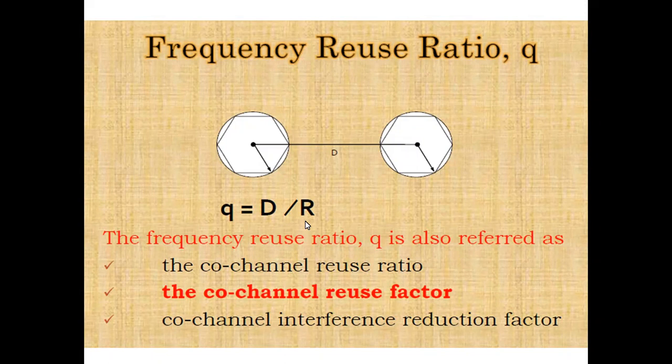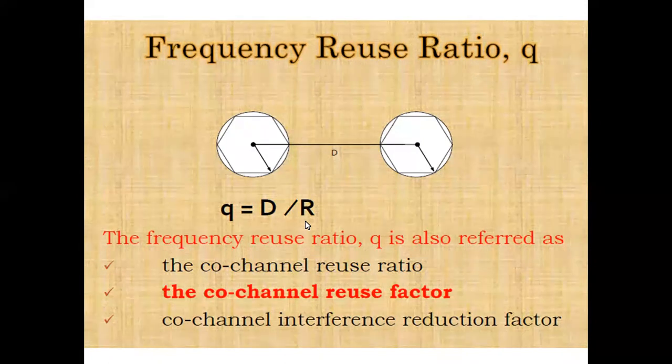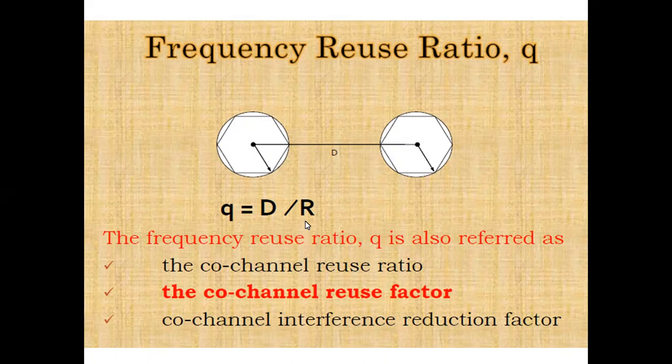That's why this is known as the co-channel reuse ratio. If I am using two cells in different cities, let us suppose one in Amritsar and second in Jalandhar, that will not be co-channel.